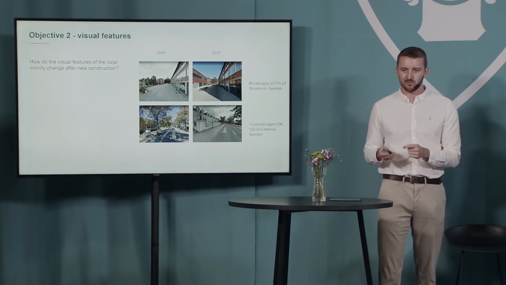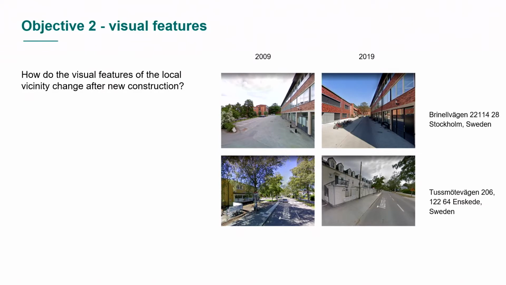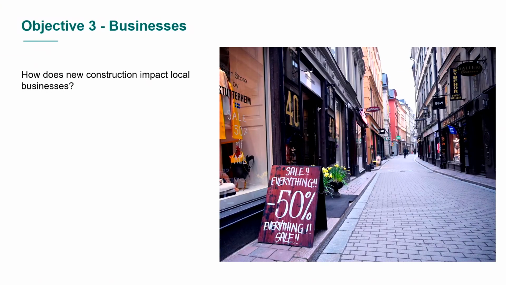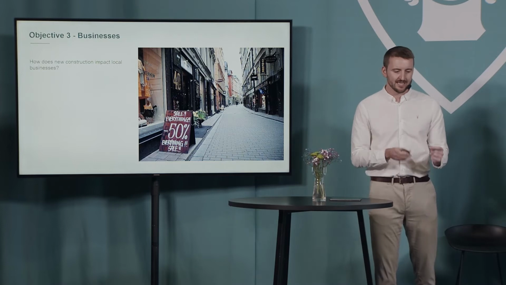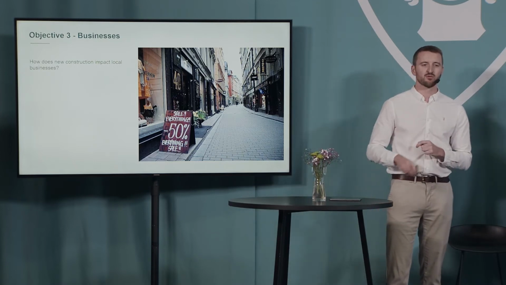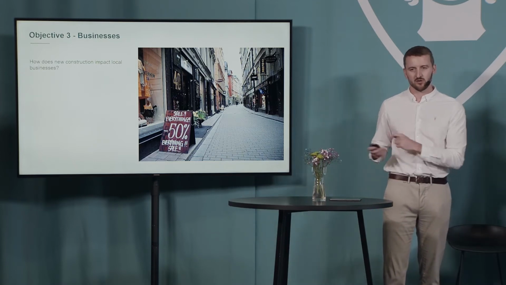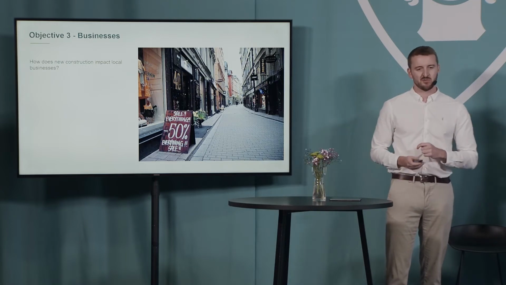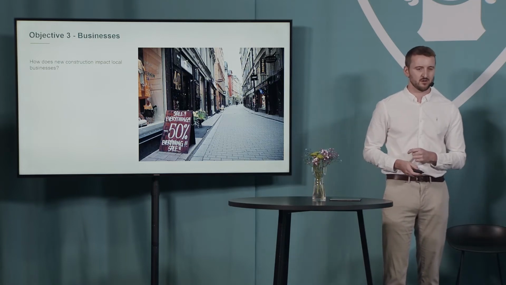And this is important because if we can create more beautiful cities, we can attract new residents, more tourism, and more businesses as well. And the last key objective is to understand in very fine detail what is the impact on local businesses. Are local businesses opening up near these interventions? Are revenue, profit, and number of employees also increasing, to actually have more job opportunities for the citizens of Stockholm?